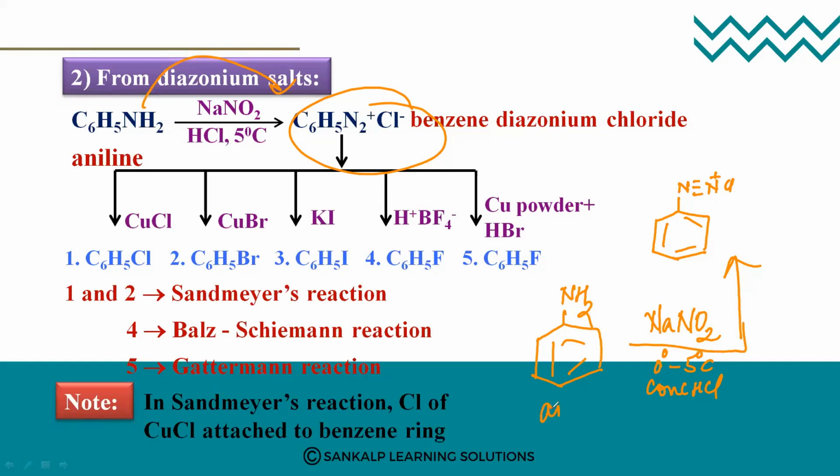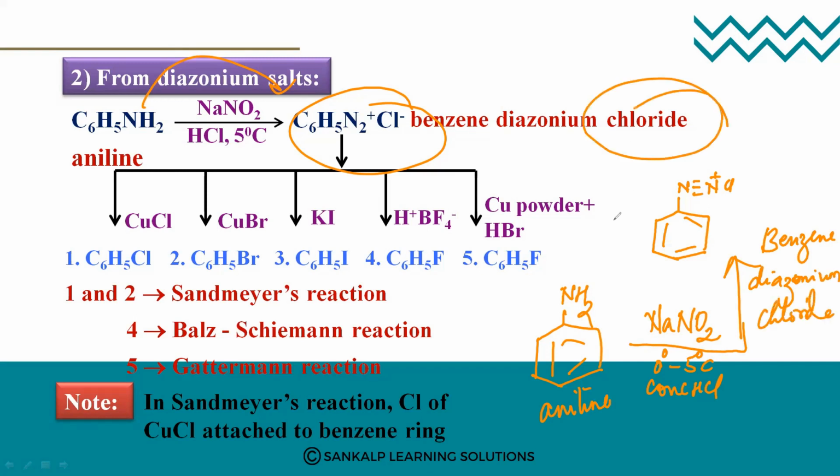Aniline is converted into benzene diazonium chloride. Salt means in the presence of chloride, so it will form a salt. Now this benzene diazonium chloride will undergo several reactions. We first convert aniline into benzene diazonium chloride, and this is further treated with different reagents.